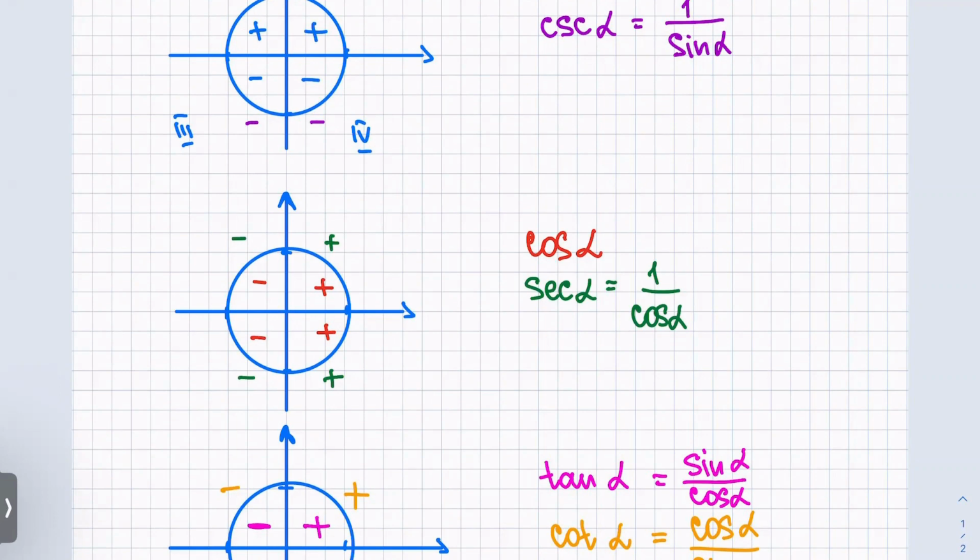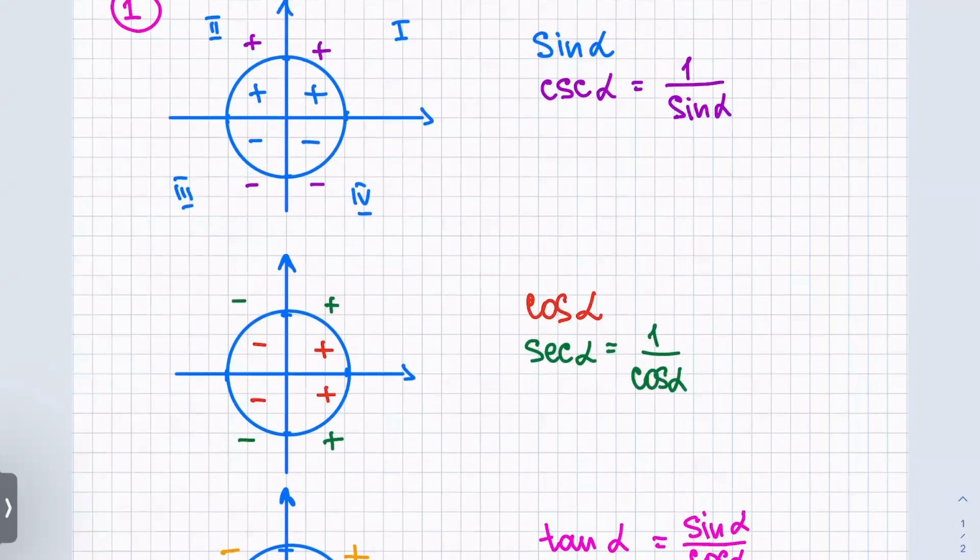That's it, dear students. So let me remind you one more time. We are talking about reduction formulas, and we want to know how they help us to find the values of trigonometric functions of the non-standard angles. So as I told you, the first step that you have to know is the signs of trigonometric functions in each quadrant.